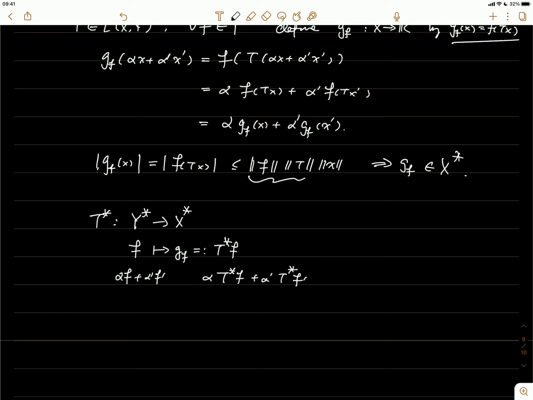So it's linear, and also we look at this applied to f. We know that this is just g_f, right? And g_f, as we showed, is less than or equal to the norm of f times the norm of T, and this implies that T star is bounded by the norm of T.